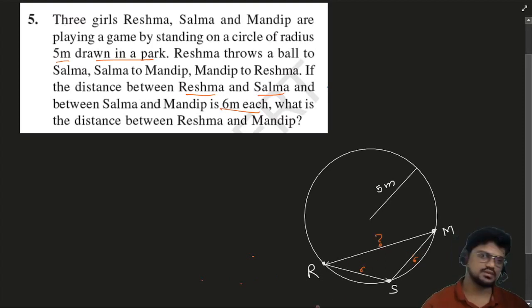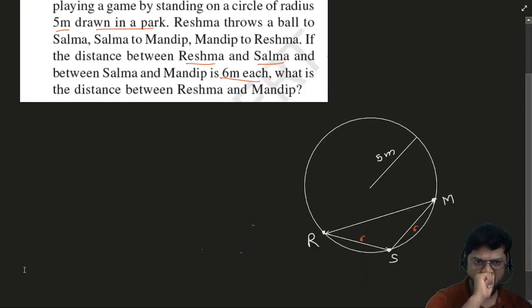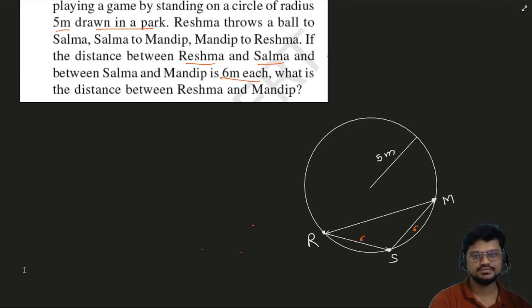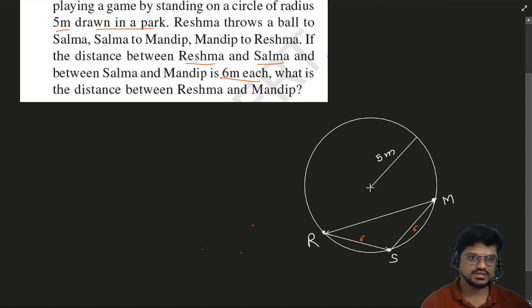So this is what they are asking. How will you solve? Now to solve this, we'll draw some more lines. If I say this is my center, I will join these 2 points. I will also join this point.